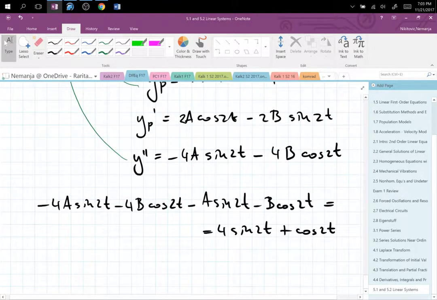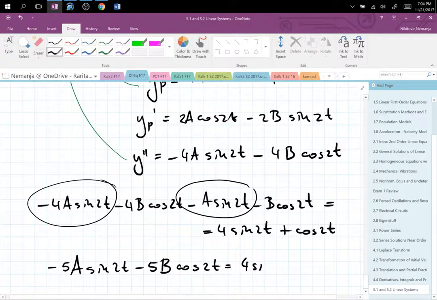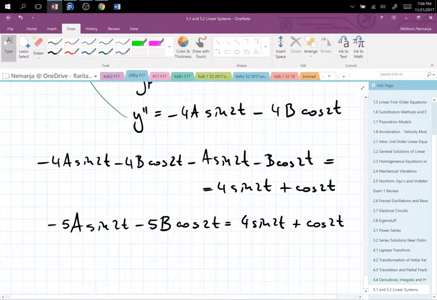Put all the terms together: minus 4a minus a is just a negative 5a. So negative 5a sine 2t, and then negative 5b cosine 2t is equal to 4 sine 2t plus, is this good? Yeah, that's good.